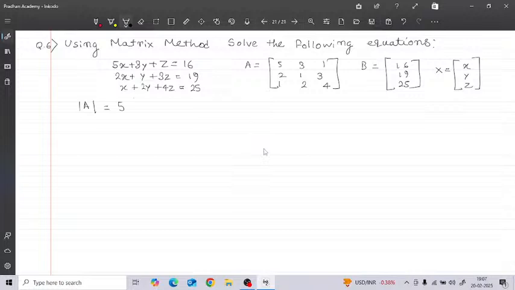Determinant will be 5 times 4 minus 6, minus 3 times 8 minus 3, plus 1 times 4 minus 1. So I will get minus 2, minus 10, minus 15, 5 minus 15 plus 3, that is minus 22. So that's my determinant. Okay, so it is non-zero, it means A inverse exists.